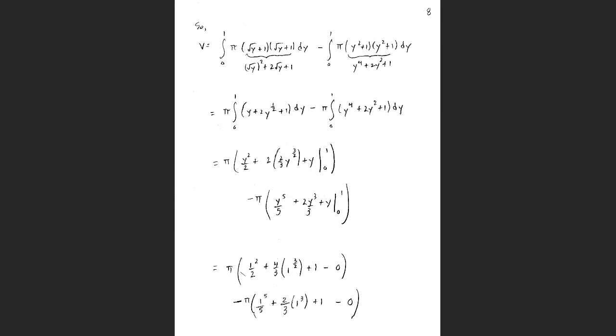And when you work this out, there's some work to do here, but I worked it out a little bit for you. It's really just calculus 1. These antiderivatives you learned in calculus 1.